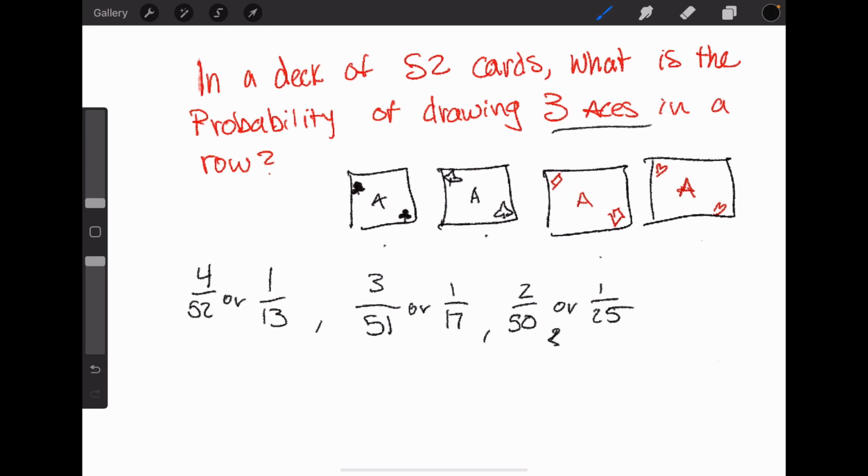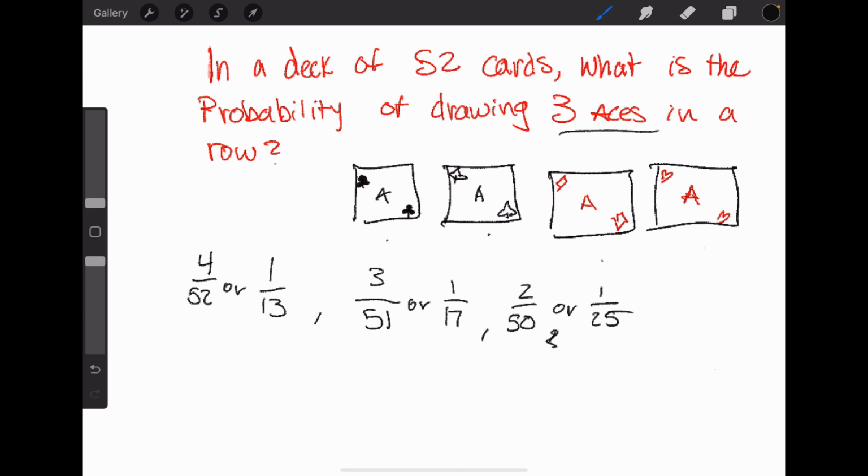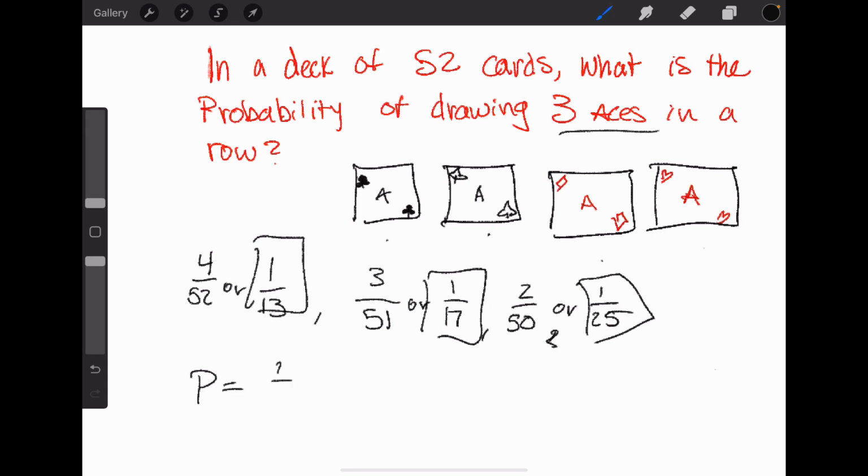Now to find this, like we know, we have to multiply all the probabilities together to find the overall probability of picking 3 aces in a row. So we're going to use P for probability of overall, and then we're going to get 1 over 13 multiplied by 1 over 17 multiplied by 1 over 25.